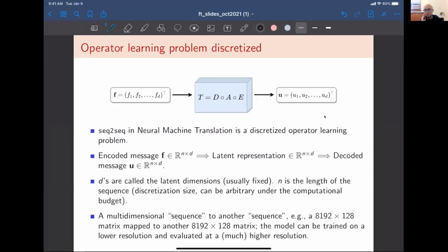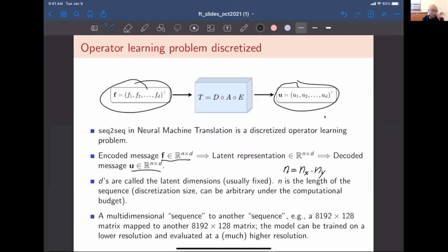a machine translation. Basically we have a sequence right here, and we want to give another sequence. By the way, this F is, like we said here, a matrix, and our output is another matrix, and this N is called the sequence length, or if we think in 2D, it's more like, for example, nx times ny.